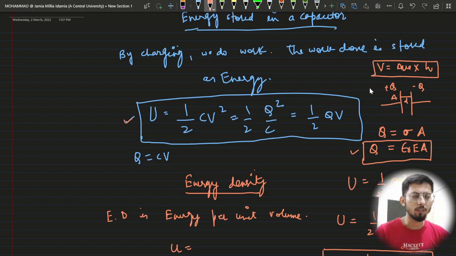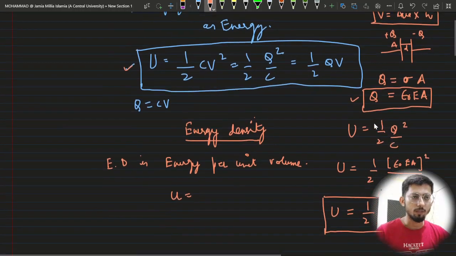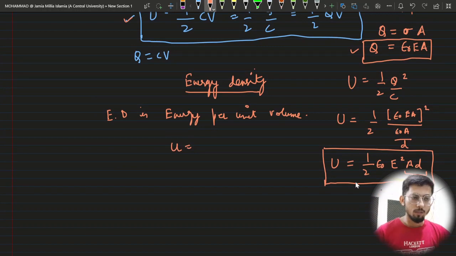Area is meter square, height is meter, so meter cube will be the volume.